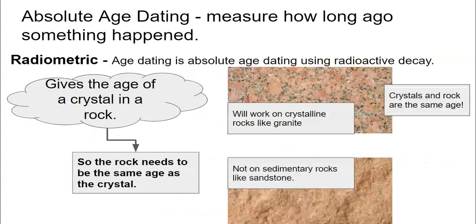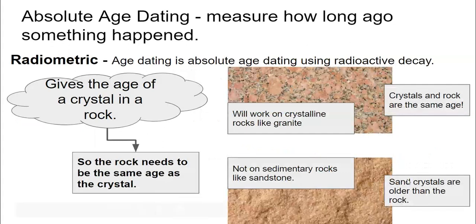Sedimentary rocks like sandstone. Sandstone is put together from individual pieces of sand that have been cemented or lithified over a long period of time, millions of years. In this instance, the sand crystals, or the crystals that the sand is made out of, are going to be much older than the rock in general. Sometimes much, much older than the rock.